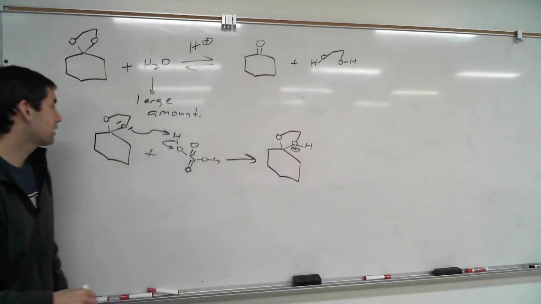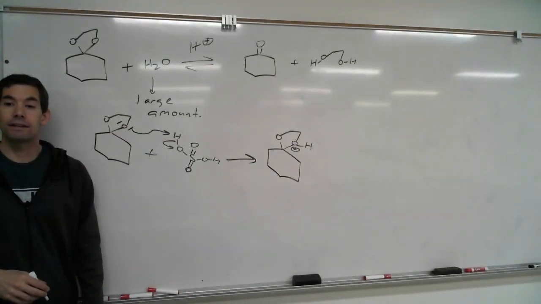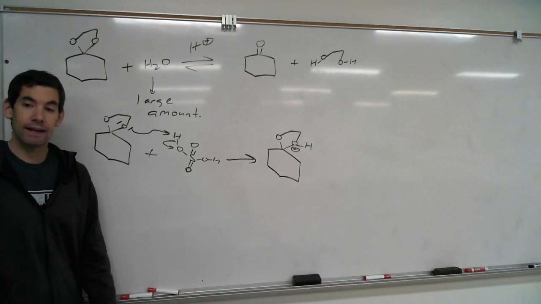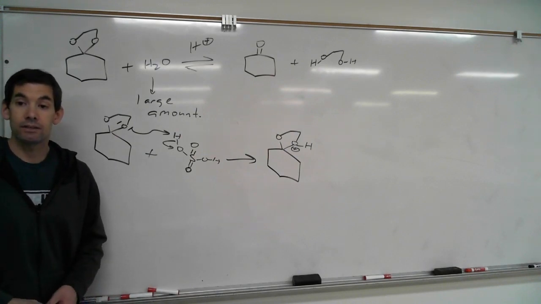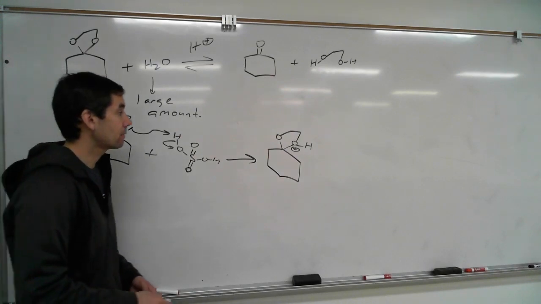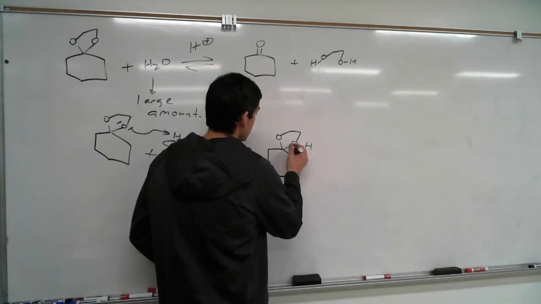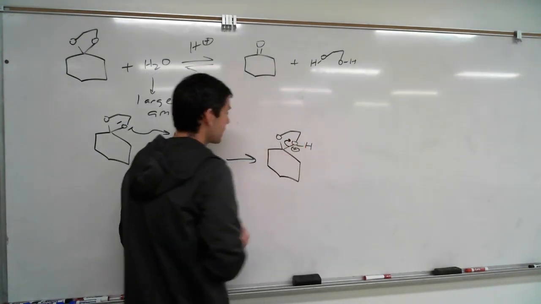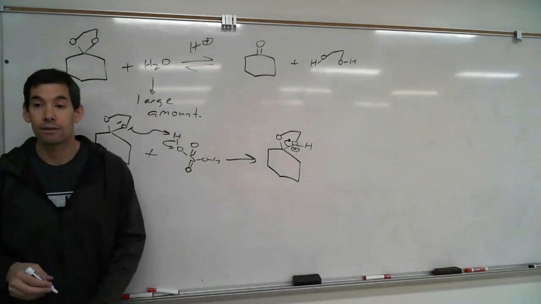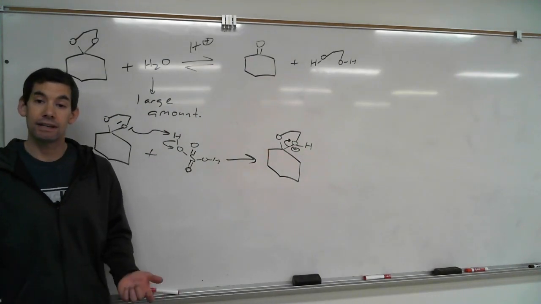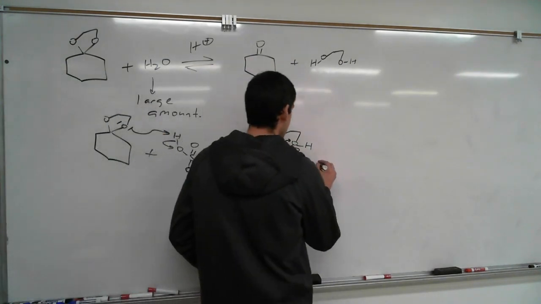Okay. Protonate our oxygen, and now that we protonate our oxygen, what's going to happen, right? Our oxygen wants to be neutral. It doesn't want to be positively charged. Something's going to happen. Look what we can do. Electrons are going to move back up to the oxygen. We're going to break that bond between the oxygen and the carbon, right? So that way, what are we going to generate?